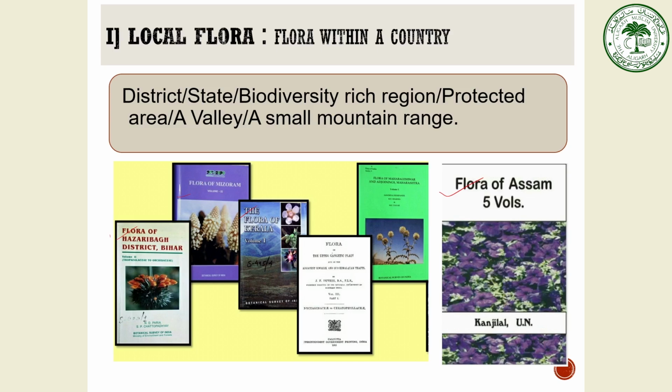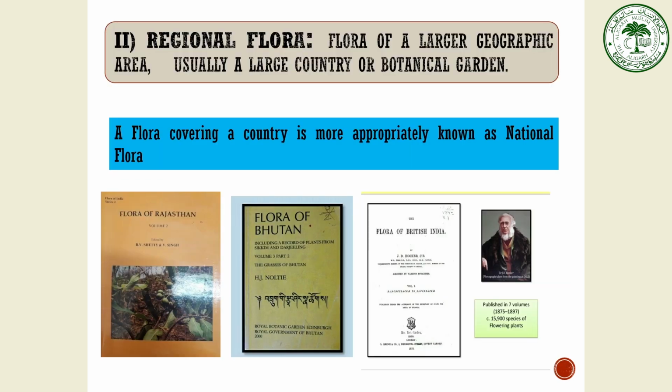So these are maintaining a small range. Then the next one is the regional flora, which is a flora of a larger geographical area, usually a large country or of a botanical garden, like the flora of Rajasthan. As we know, Rajasthan is the largest state of our country. So this one covers quite a large area, like the flora of Bhutan, then flora of British India, which is published in 7 volumes.